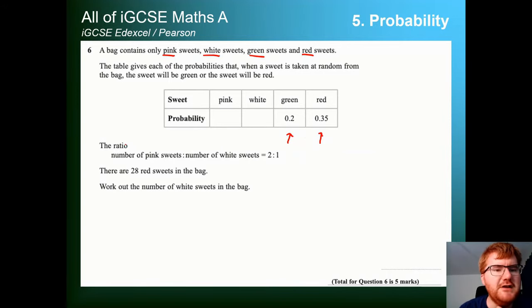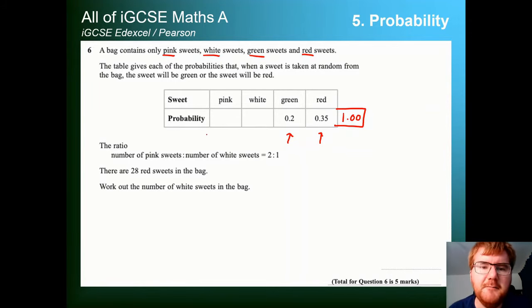We're told that the pink sweets and white sweets are in the ratio 2 to 1. And there are 28 red sweets in the bag. Work out the number of white sweets. So a lot of information, and we just need to break this down one thing at a time. The first thing to remember is that all probabilities add up to 1 or 1.00.